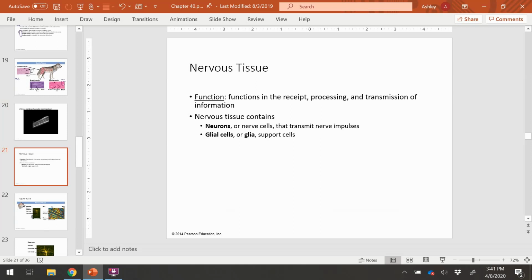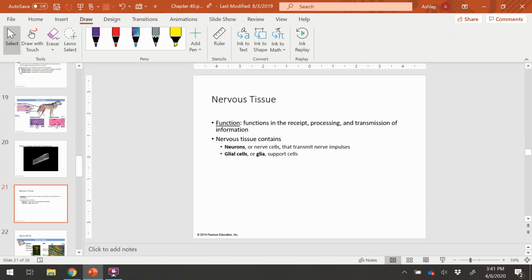That brings us to the fourth tissue, which is nervous tissue. It functions in the receiving, processing, and transmission of information. Nervous tissue has a very vital role in detecting things from our senses, what we see, what we smell, what we touch.